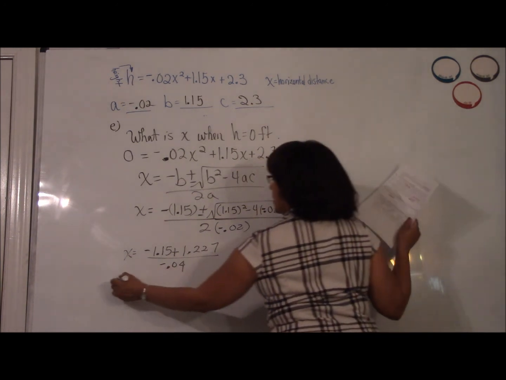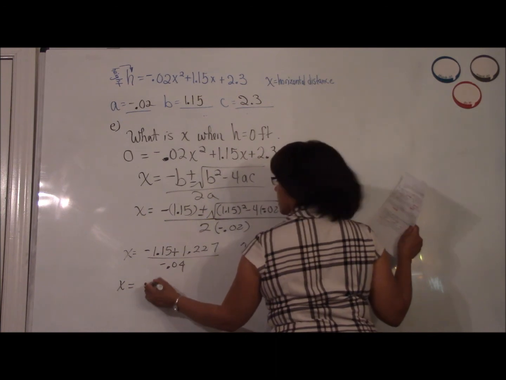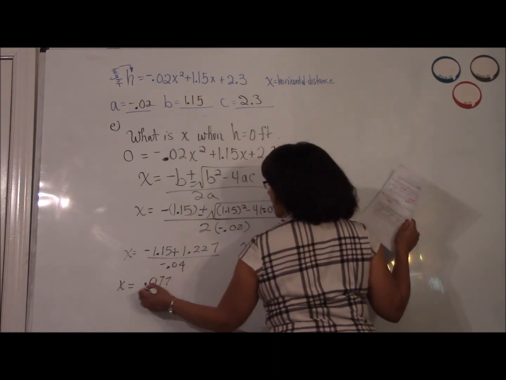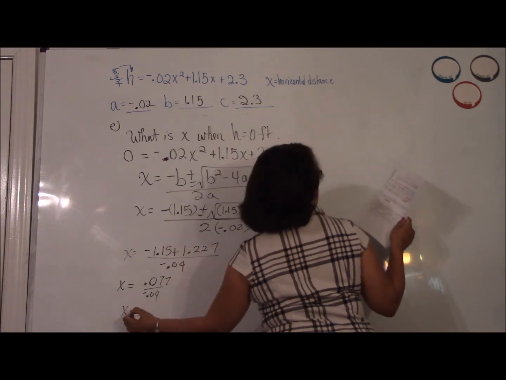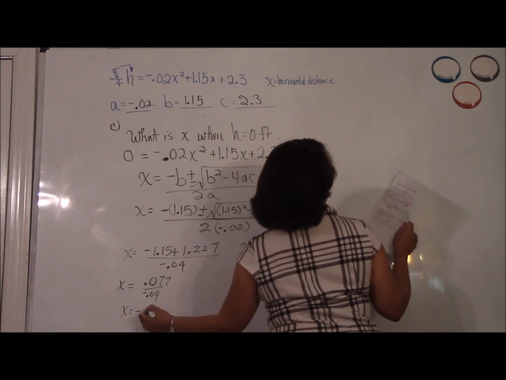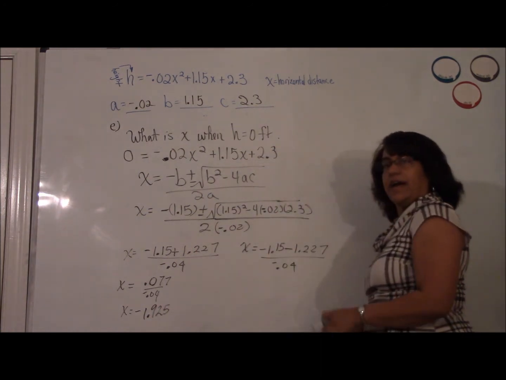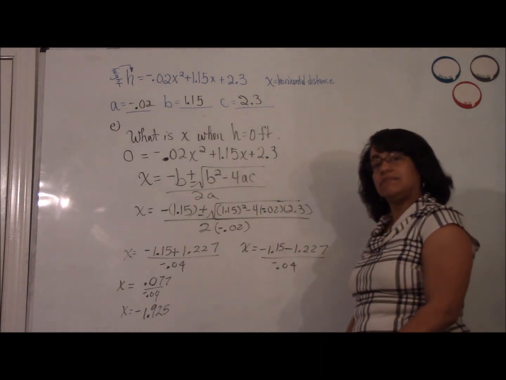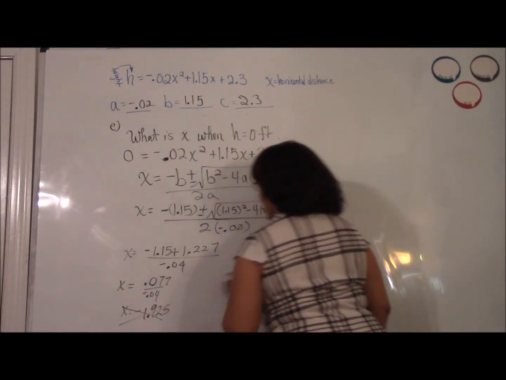And at this point, this is where I got x is equal to 0.077 divided by negative 0.04. And then I got x is equal to negative 1.925. Can you have a negative height when you're talking about the ground? Nope, you'd be underground, so let's not do that.